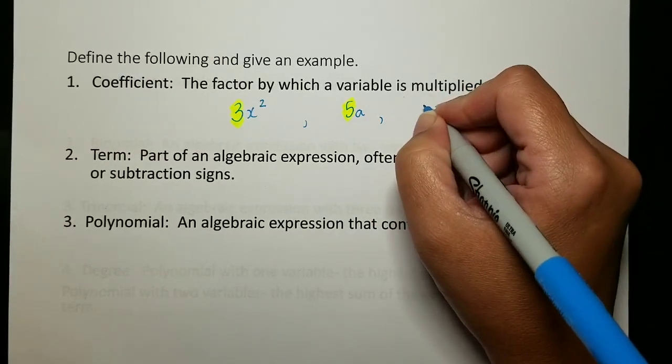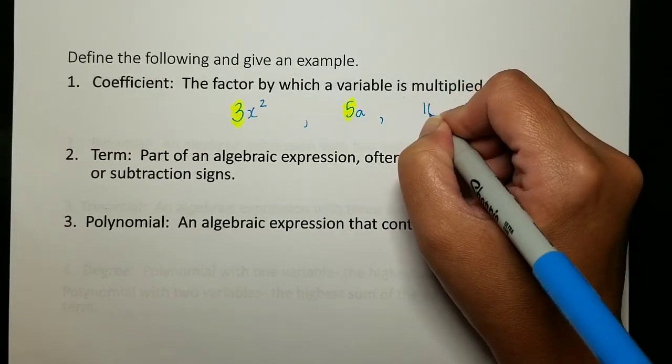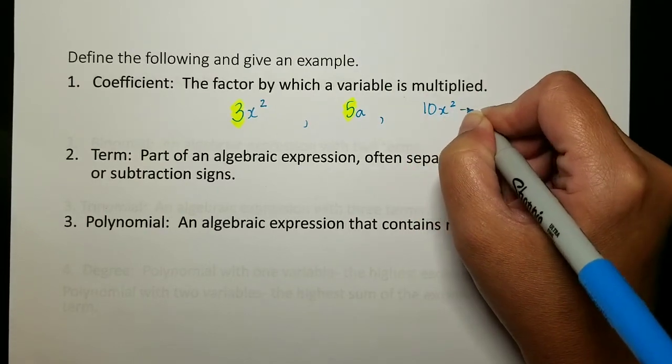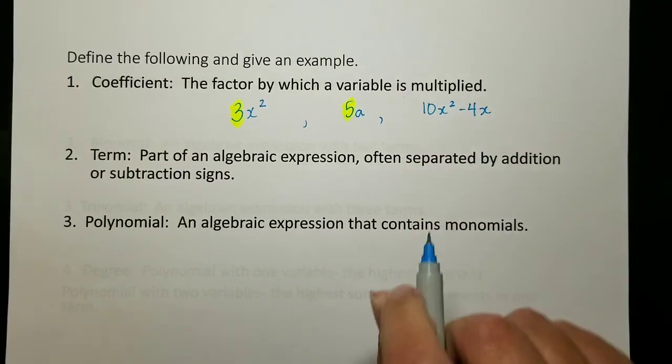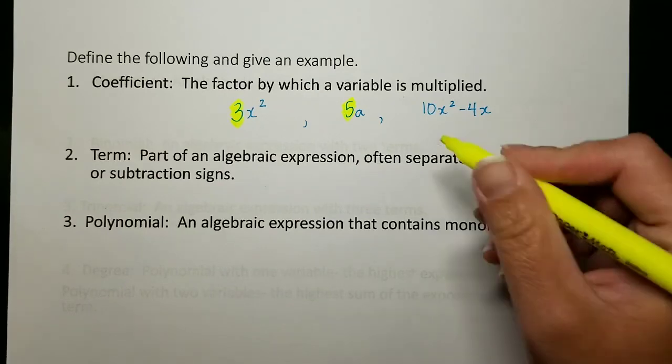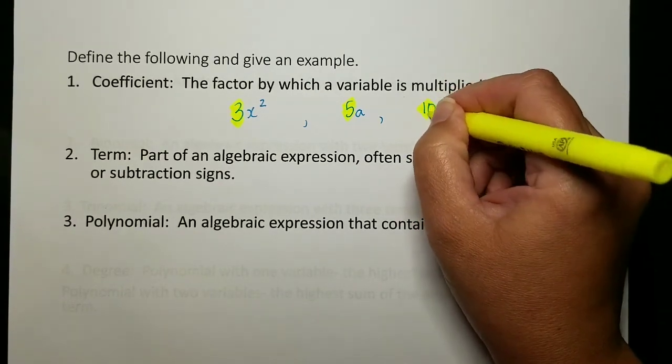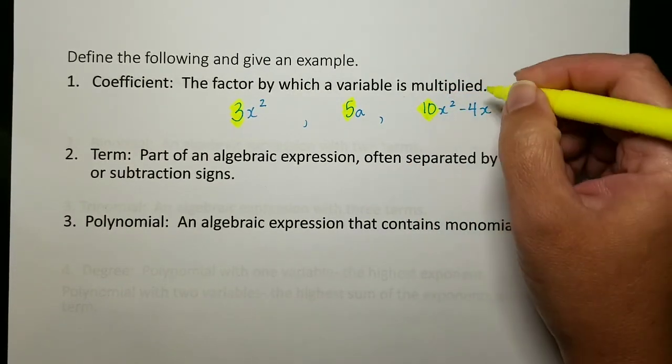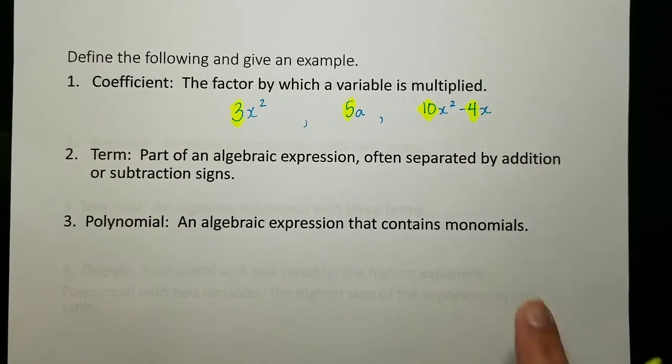We might have an expression that was 10x squared minus 4x. Here we have two coefficients. We've got a coefficient of 10 on our first piece and a coefficient of 4 on the next. Those would both be considered coefficients. Okay?